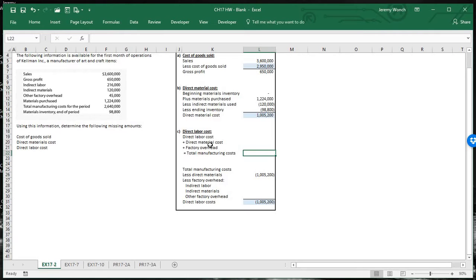We already have our direct material cost, linked to the cell above. Then we plug in our total manufacturing cost, which is 2,640,000.